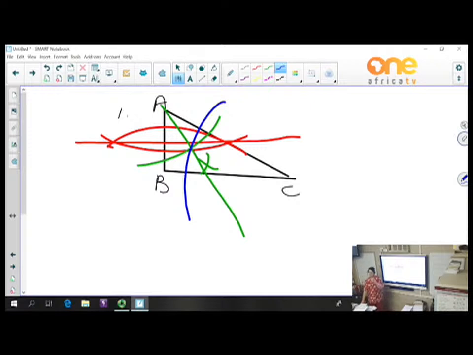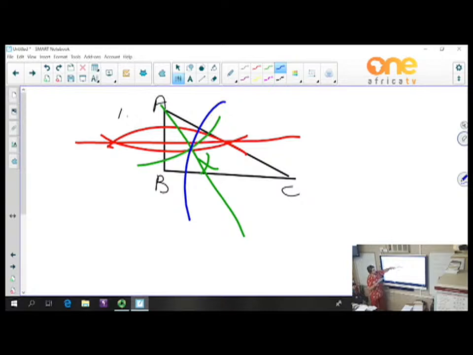Okay. Now, what we're going to focus on more now is those shadings. We've looked at the constructions. Now we're looking at the shadings. If you don't know, put up your hand, then I will come and help you. Now it says shade. Look now on your shape. Shade the region inside the triangle which are closer to A than to B. So what does that mean? It's up here.